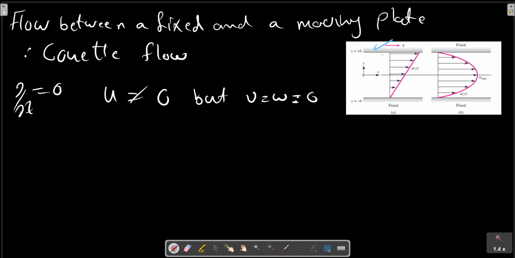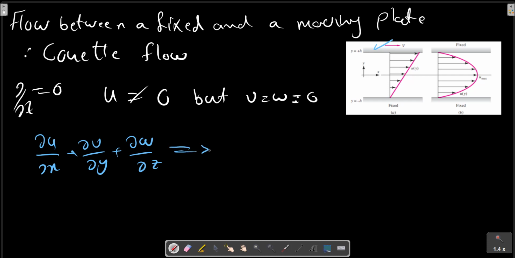We learn from the continuity equation that for an incompressible flow, with this assumption, we have only one component in the continuity equation, equal to 0.